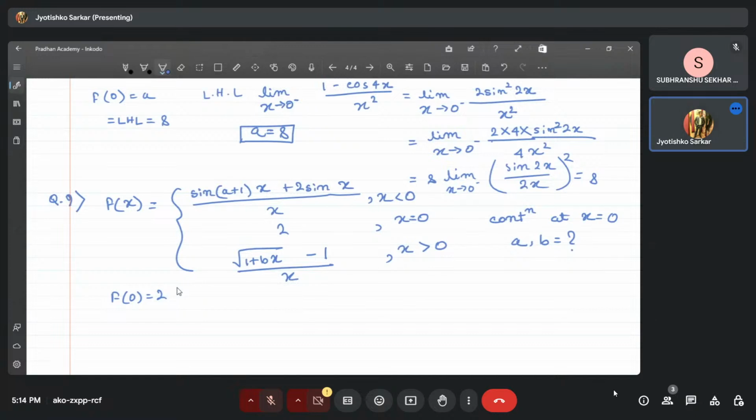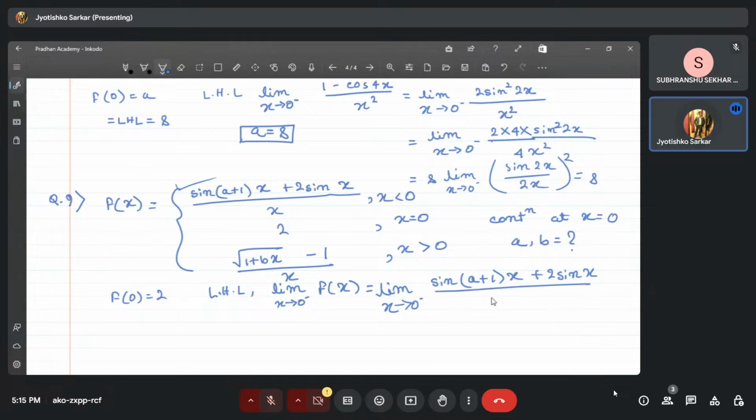Now let's move to the left hand limit and right hand limit. So for the left hand limit, we will use the values tending to 0 from the left hand side. So this one, x tends to 0 minus, sine of (a plus 1)x plus 2 sine x divided by x.